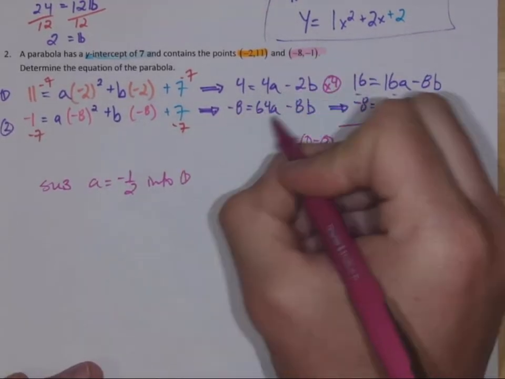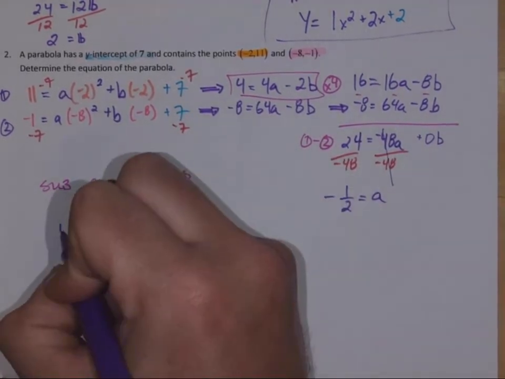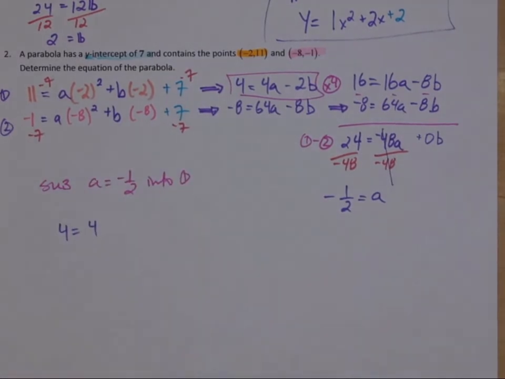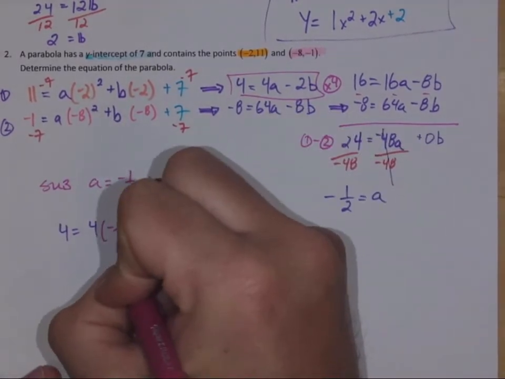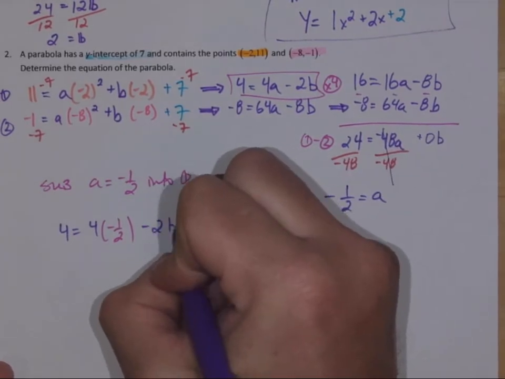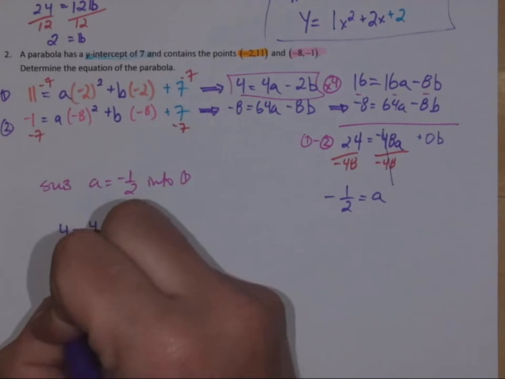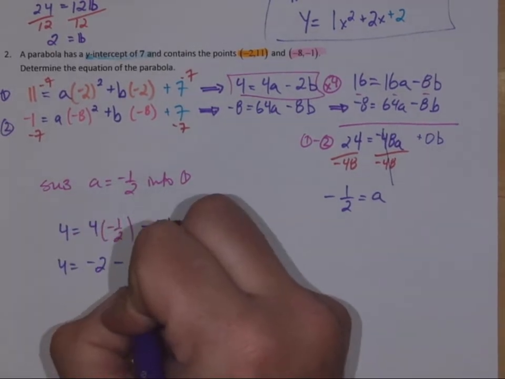I'm going to do it into simplified 1 because it is smaller numbers. Four times negative 1/2, negative 2.